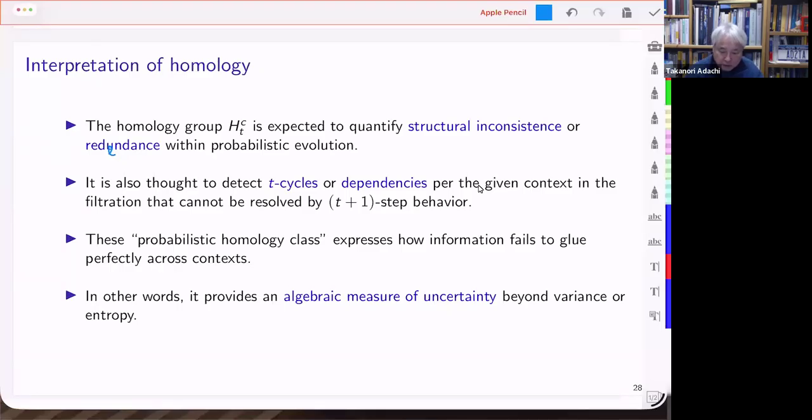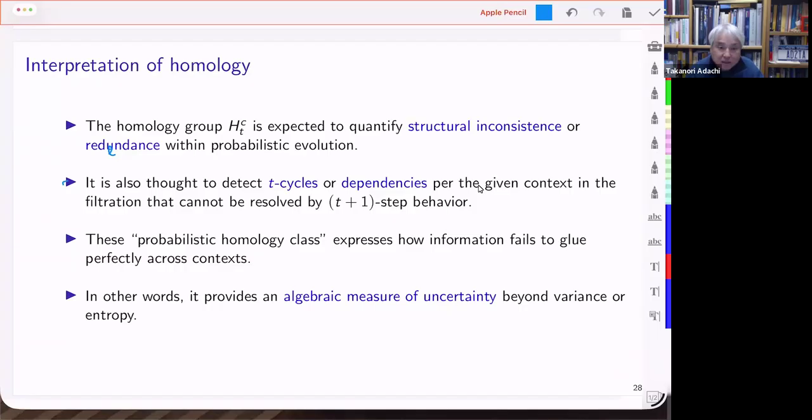So it's a kind of kernel, or the dependencies part of the given context in the filtration that cannot be resolved by the t plus 1 step behavior, so the previous step behavior. So something in the future cannot be specified by the past. I will explain concretely later. I hope I can explain.